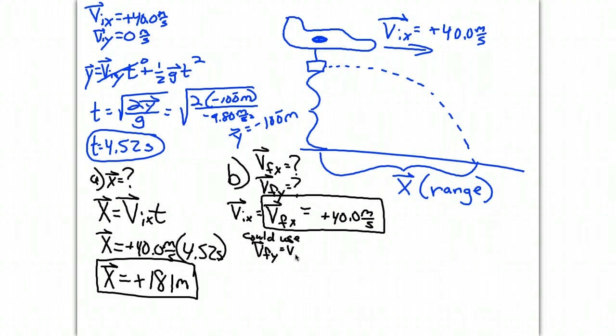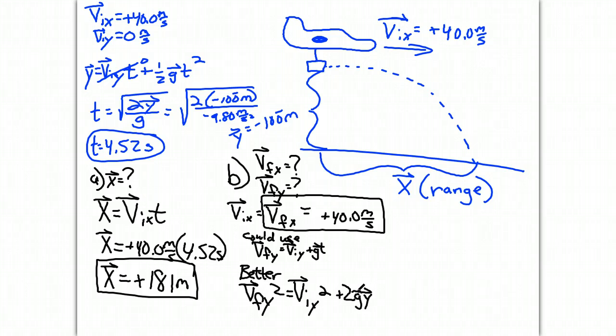It's better to use the second equation, which is VFY squared equals VIY squared plus 2gy. We know that the initial velocity is 0.